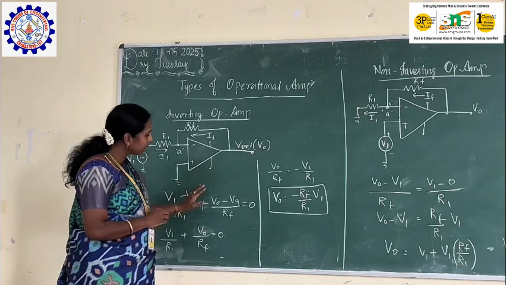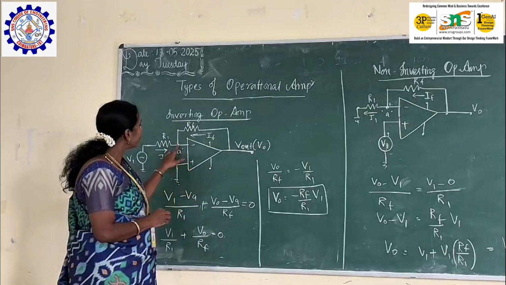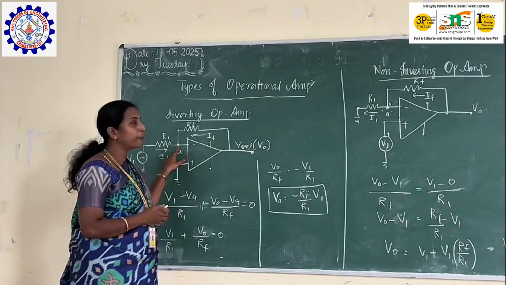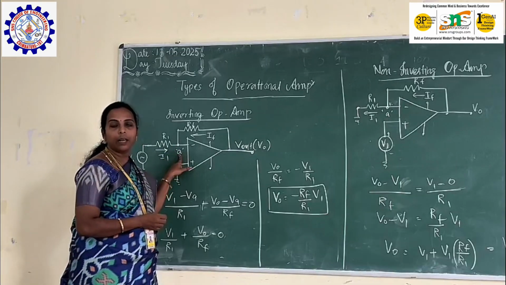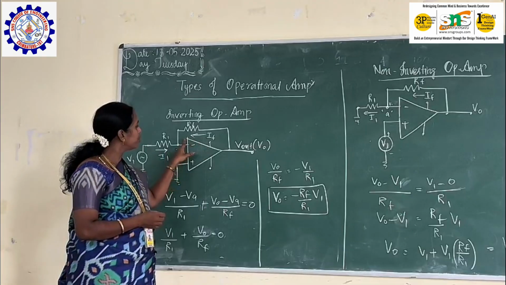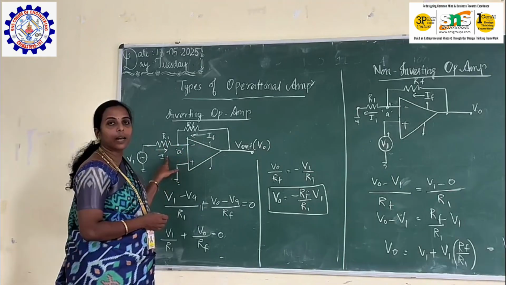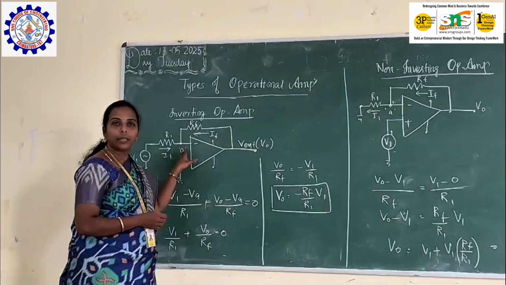In order to calculate the relationship between input and output, we are going to consider the nodal equation. I am naming this point as A. Two currents enter this terminal A: one is current I1 across the resistor R, and another is current IF across the feedback resistor RF.